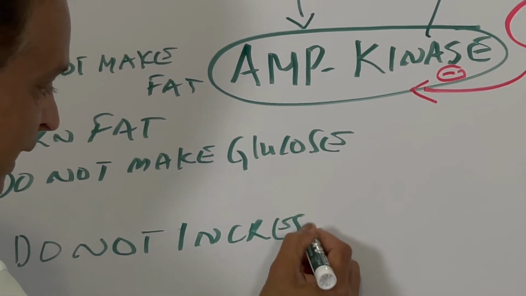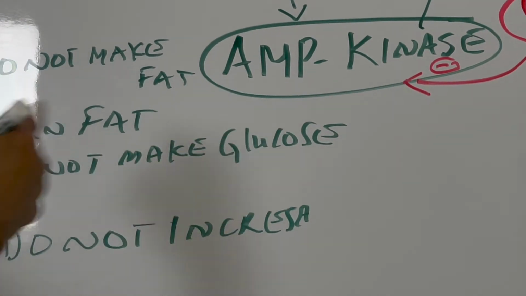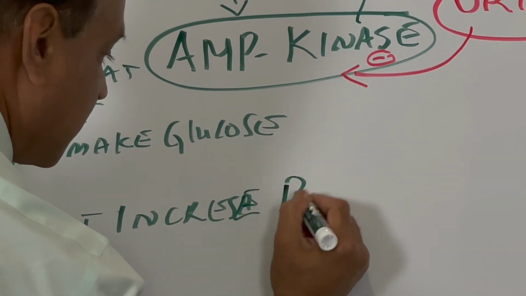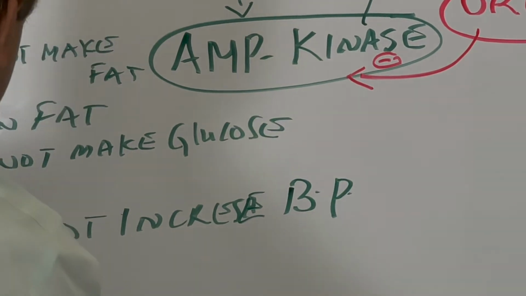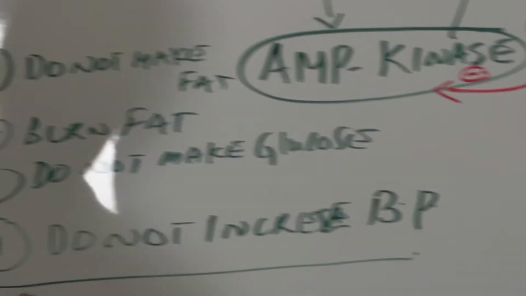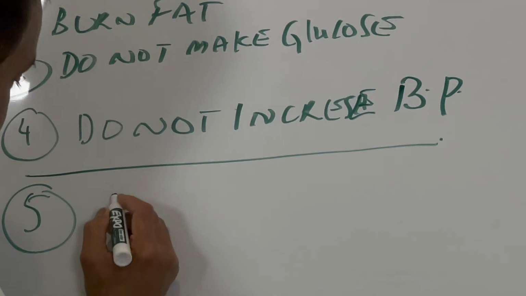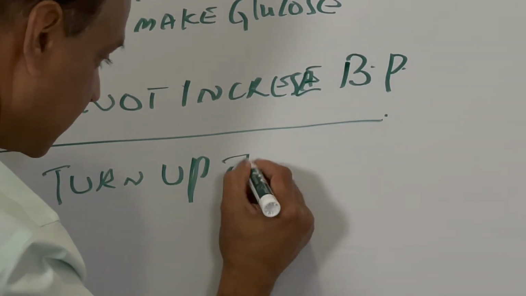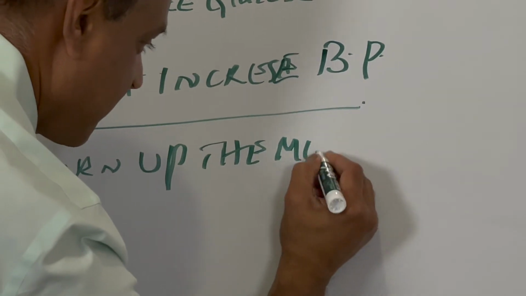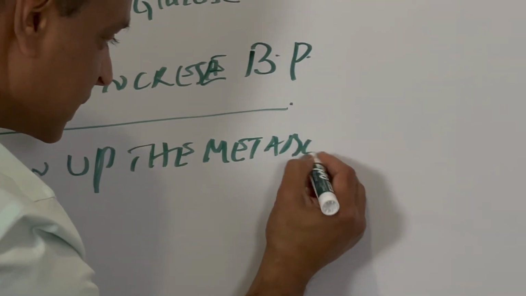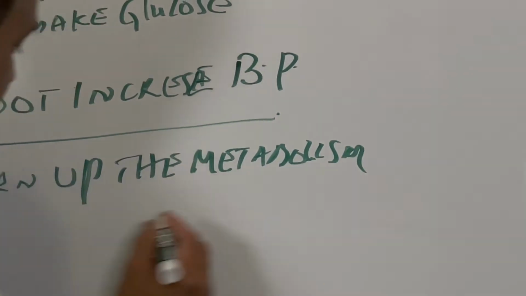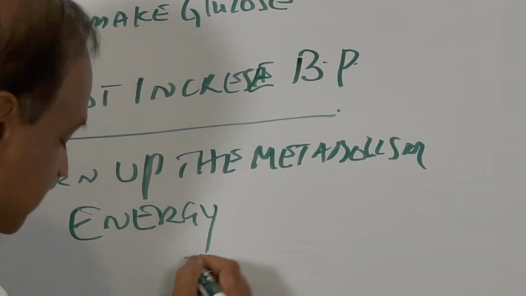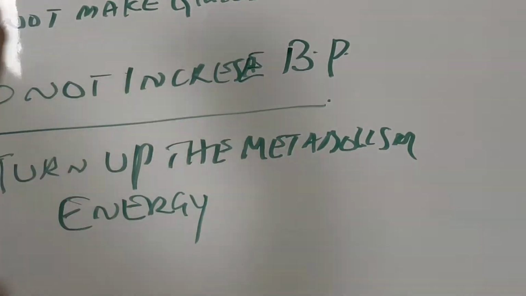Now, this is a signaling pathway. AMP kinase is an enzyme that's a signaling pathway. And upregulate the metabolism. That means turn up the metabolism, turning up energy utilization. That means you are making more ATP and you are using up the energy.